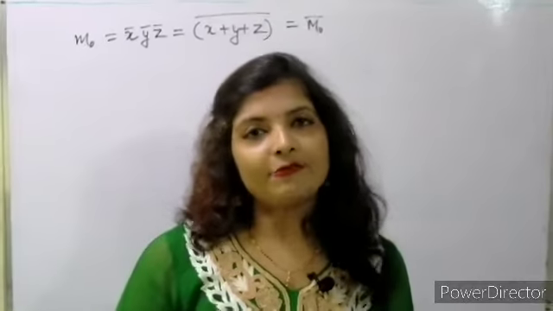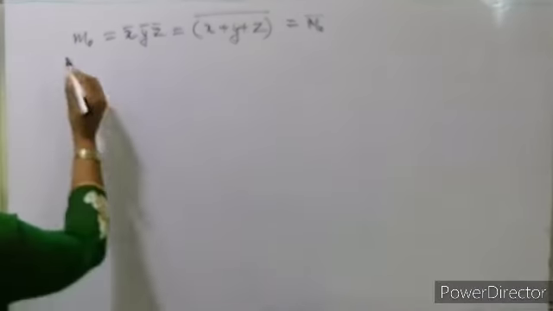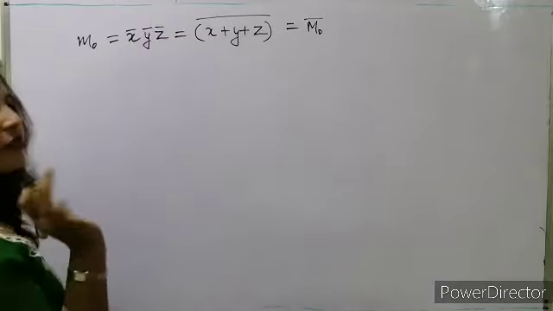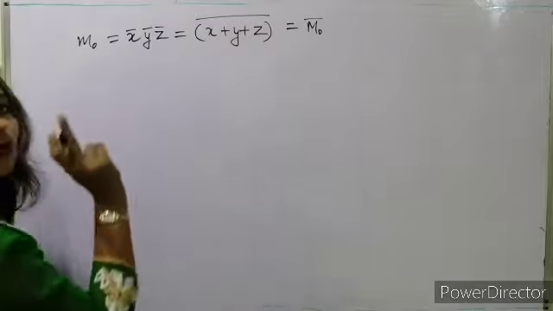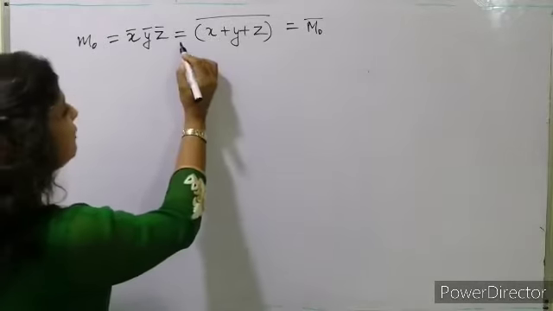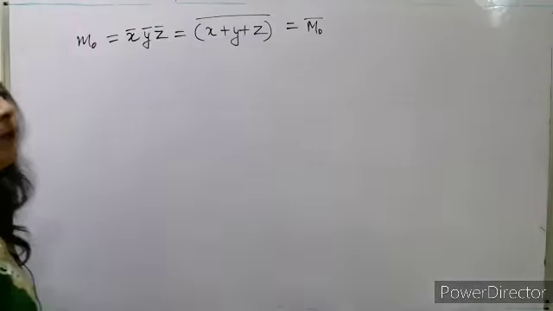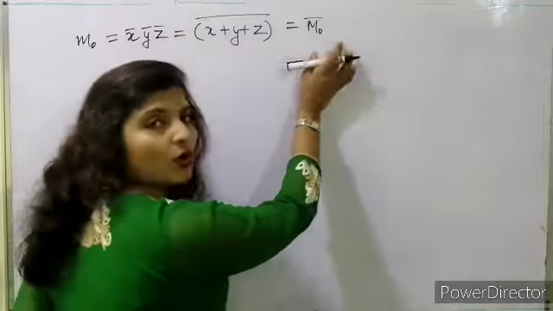Okay, now we'll see the different arrangements of min term and max term. So if a min term is given, we have taken this m0, the first min term. m0 is equal to x bar y bar z bar. Multiplication of these, so it will be equal to x plus y plus z complete bar, and that is equal to M0 bar.